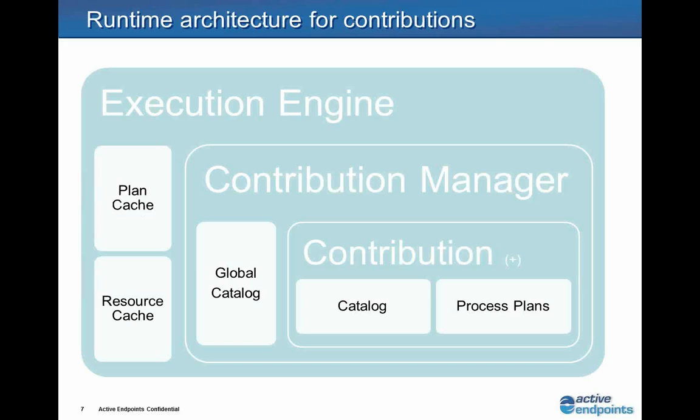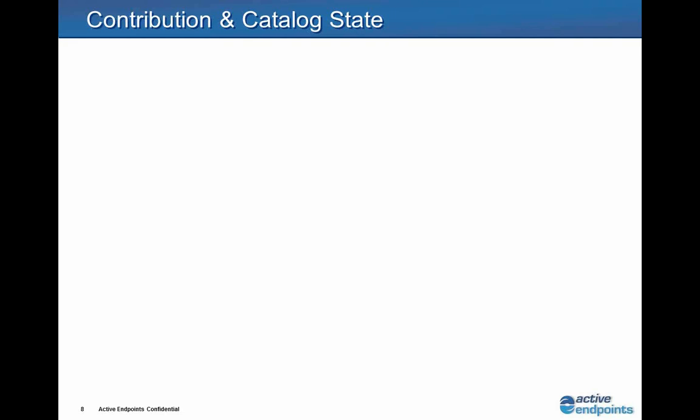The overall architecture looks like this, where there's an execution engine that includes a contribution manager that has the global catalog, which is for all of the things that have been exported. But then each individual contribution also has its catalog, and all process plans act within a single contribution. And that's really valuable.